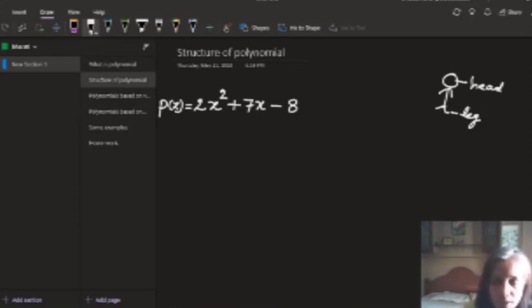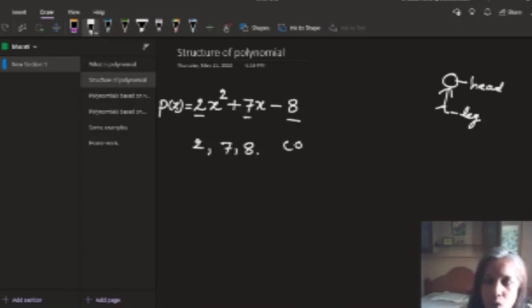The numbers 2, 7, 8 are fixed and called constants. Constant means anything that will not change during any situation.